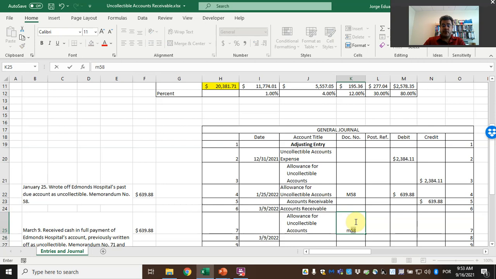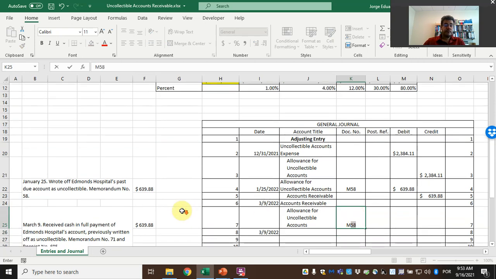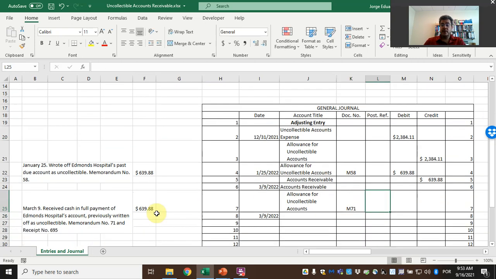Based on Memorandum 71 now. Debit $639, credit $639. Let's reverse it.